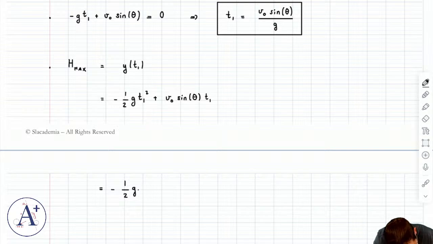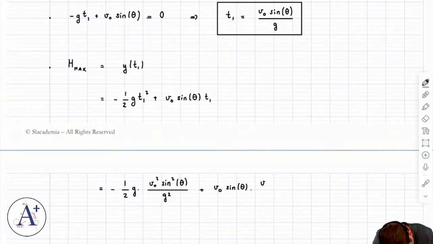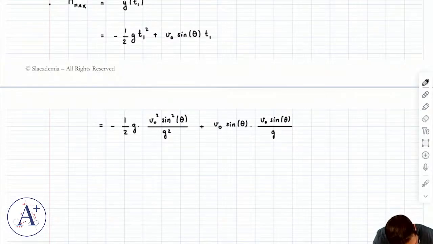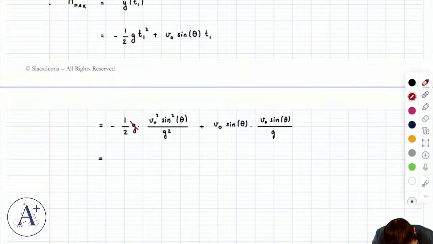So minus 1/2 g, t1 squared is v naught squared sine squared of theta, divided by g squared, plus v naught sine theta multiplied by v naught sine theta over g. Okay, so this is going to simplify a little bit, and g is going to cancel that thing.